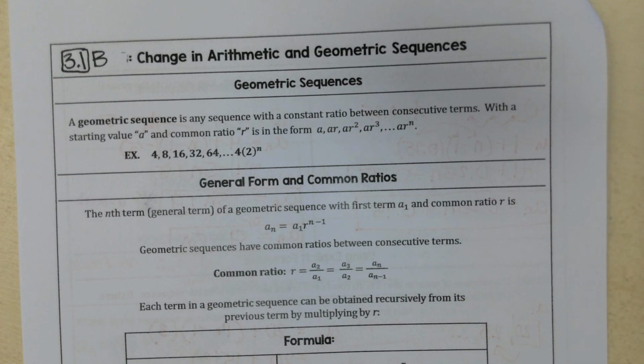Okay? All right. With geometric, it can look like I'm multiplying by the same thing over and over again or dividing by the same thing over and over again. But we don't write these as division. If it looks like I am dividing by 2 over and over again, that's the same thing as multiplying by 1/2, okay?